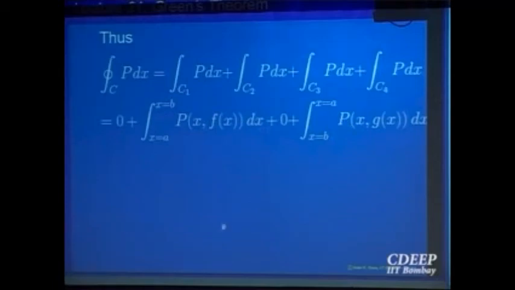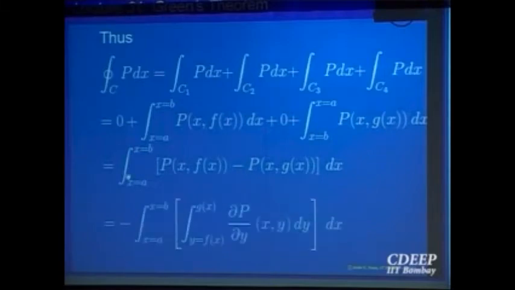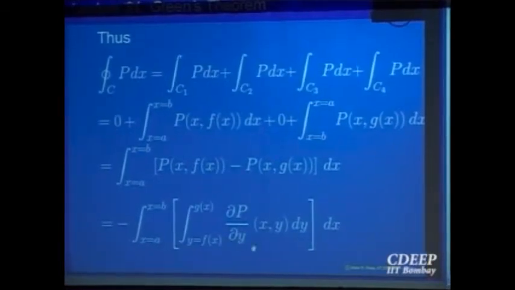So with a negative sign, do it appropriately: put the negative sign outside, and rewrite this as P(x, g(x)) minus P(x, f(x)). But that I can write as the integral of the partial derivative of P with respect to y. If I integrate the partial derivative of P with respect to y over these limits, I get this value, since that is integrating in one variable.